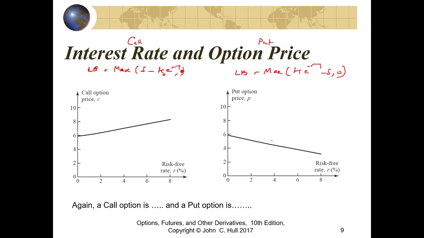So you are deprived of the chance of reinvesting it in an account that pays a higher interest. For this reason, call options have a positive relationship with the risk-free rate, and put options have a negative relationship with the risk-free rate.